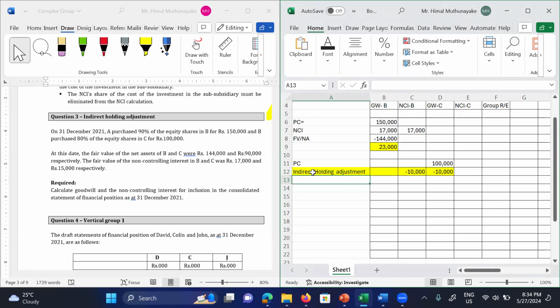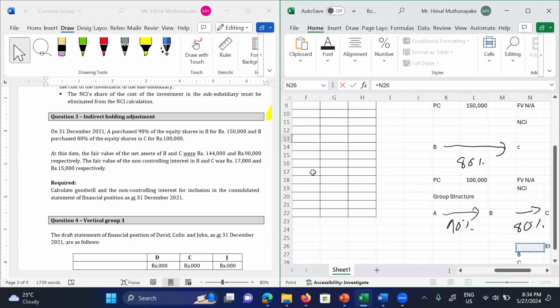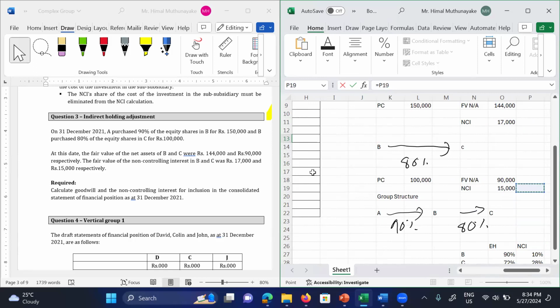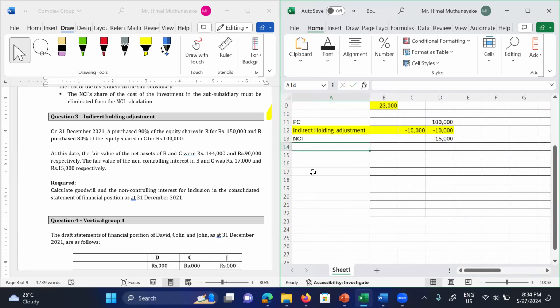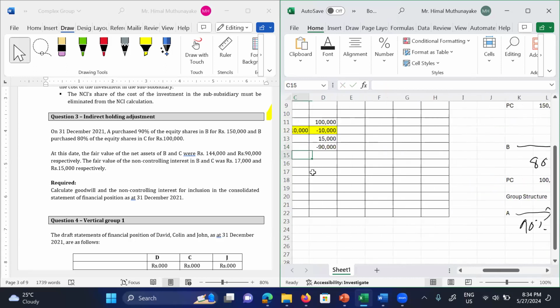Now the purchase consideration is clear. Now NCI, we can directly get the NCI. It is 15,000, I think. Yeah, it is 15,000. And fair value of net asset, you can get it from there, 90,000.